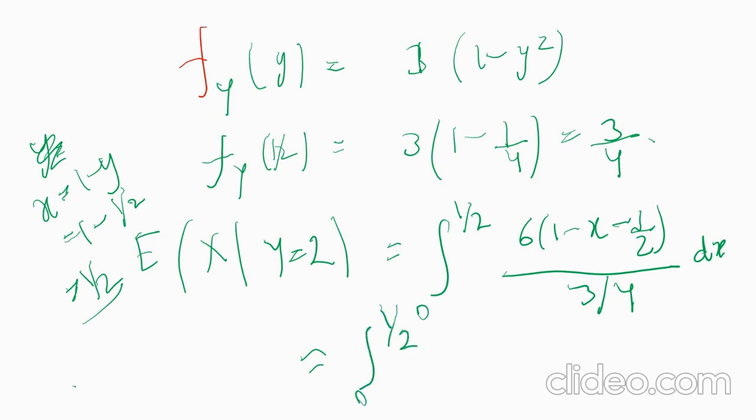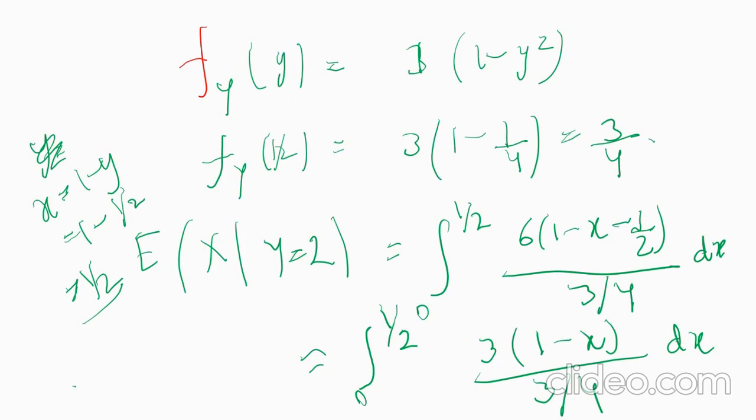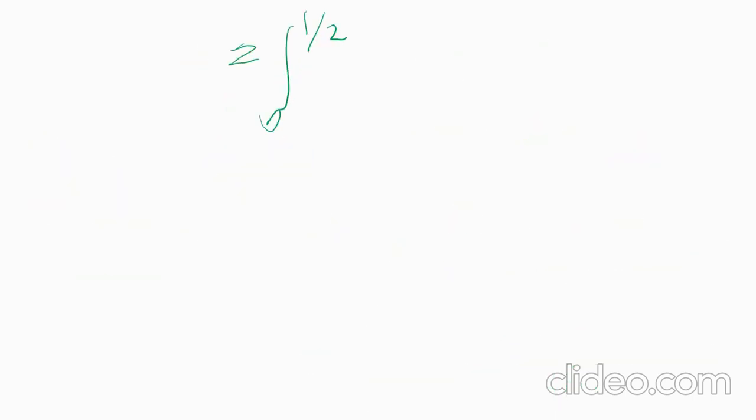Now we can write this as 3(2 - 1 - x) divided by 3/4 dx. So this will be the integral from 0 to 1/2, the 3 will be cancelled out, 1/4 will come as 4, and then (1 - x) dx.